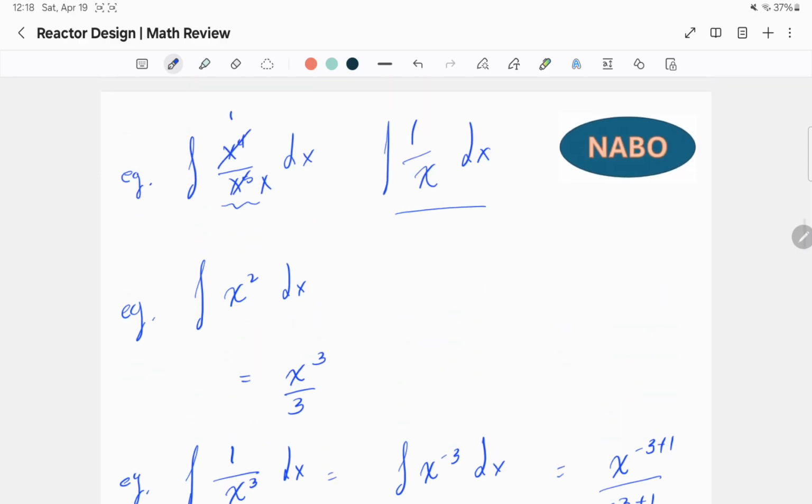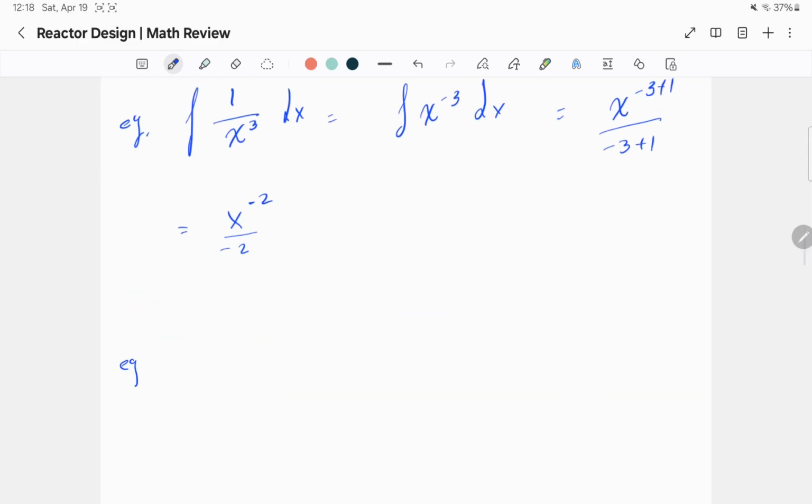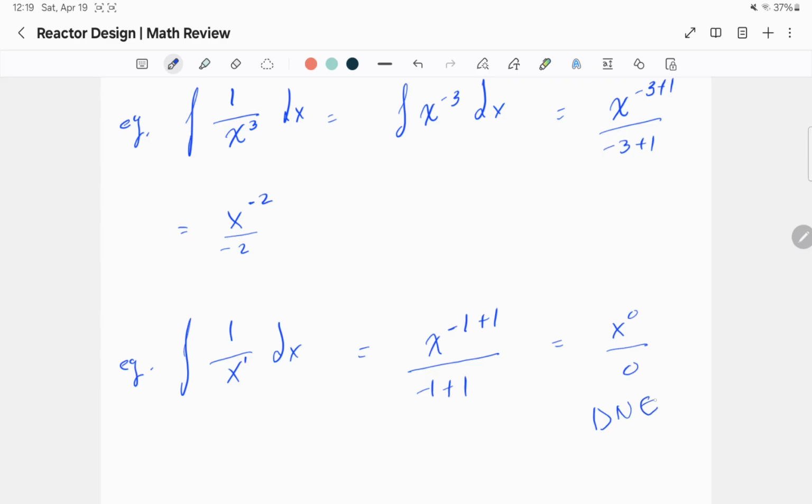Now let's look at the integral of 1 over x dx. If we solve it using the same rule, we will end up with x to the power of negative 1 plus 1, because this is to the power of negative 1, over negative 1 plus 1, which will give you x to the power of 0 divided by 0, which does not exist.